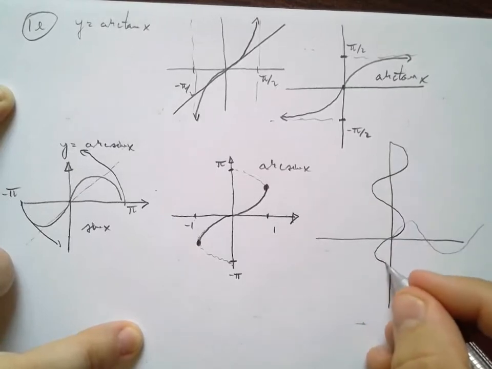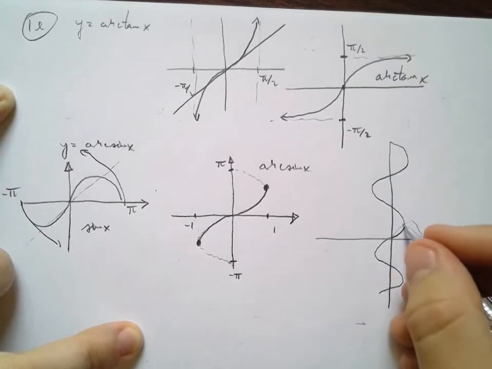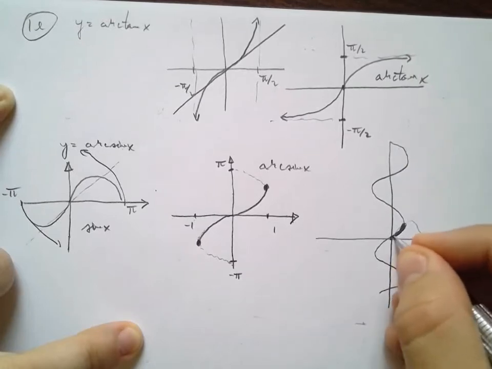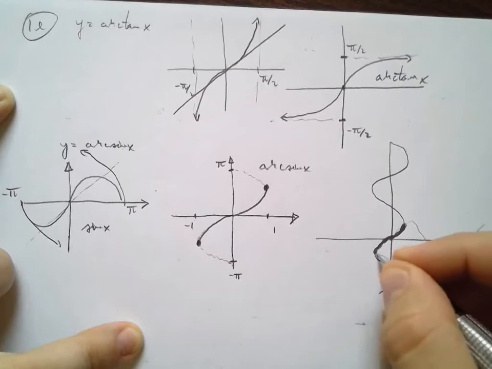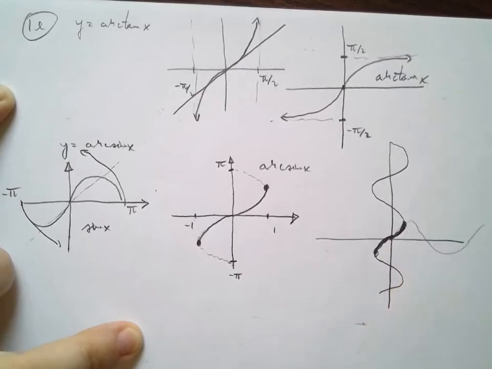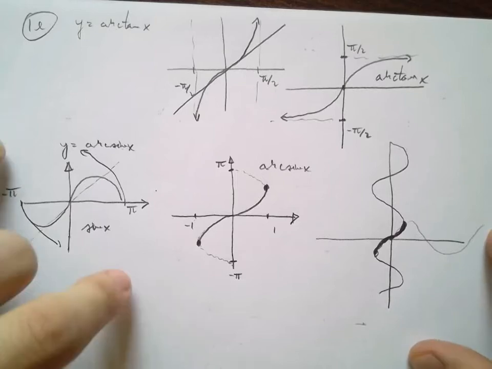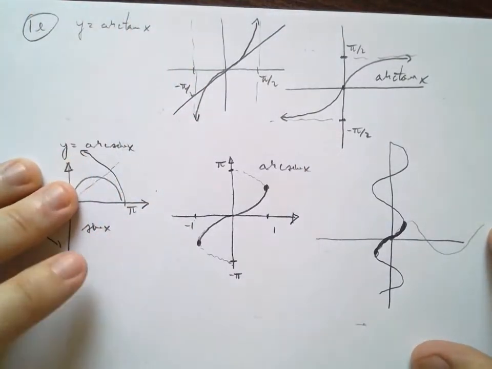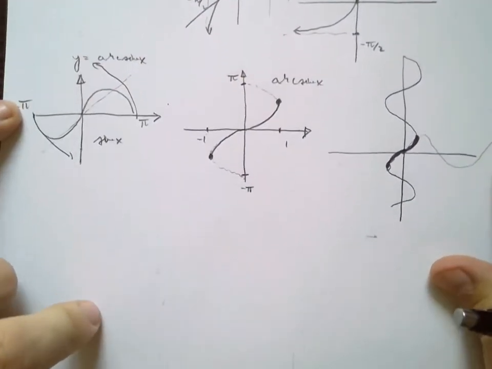Okay? And for it to be a function, then you're only interested in that piece right over there. Okay, so that it passes the vertical line test. So that's how you can think about these reflections over here.